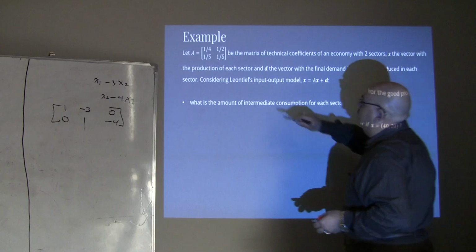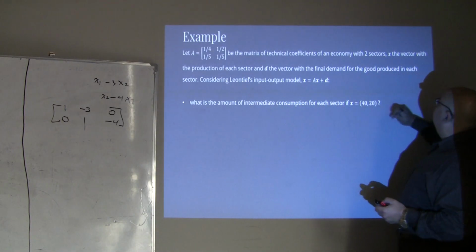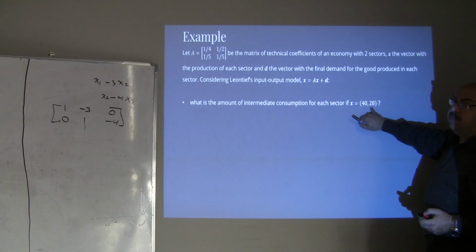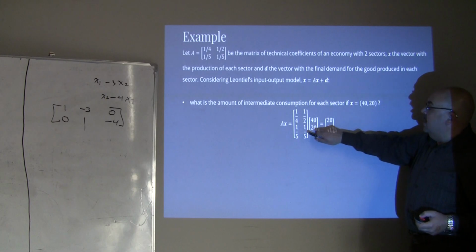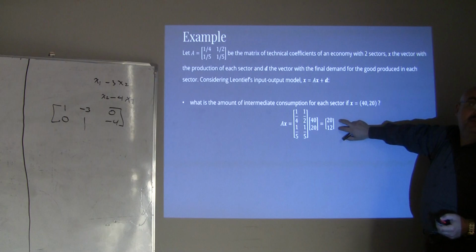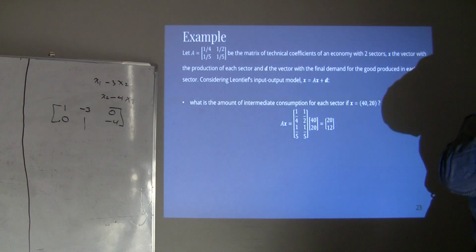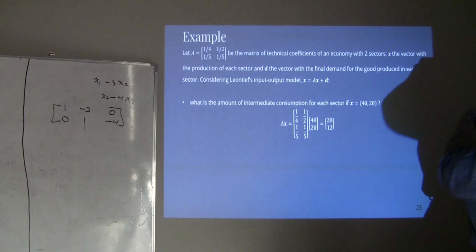So I will multiply this matrix, this is the A matrix, by the X column, which is the production 40 and 12. If I multiply them together, I will get the intermediate demand. So this is the intermediate demand. What's the intermediate demand once more? It is the demand from the production that will be needed inside the process.